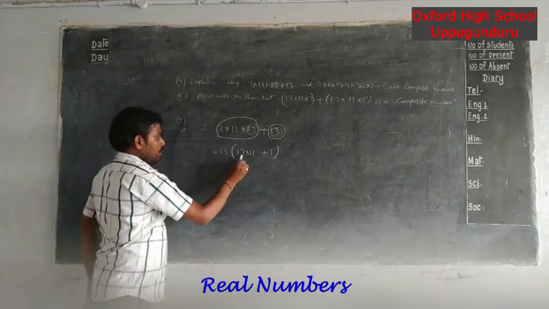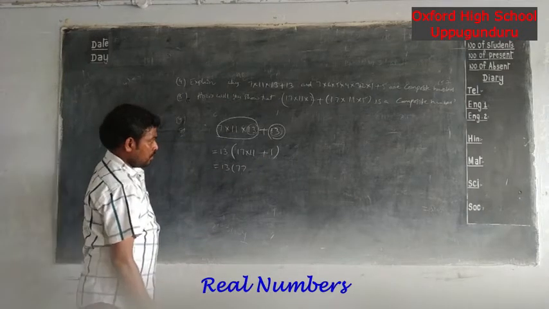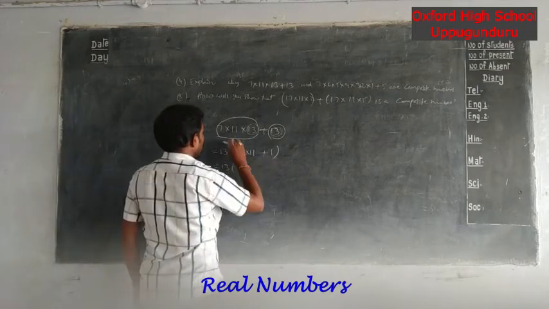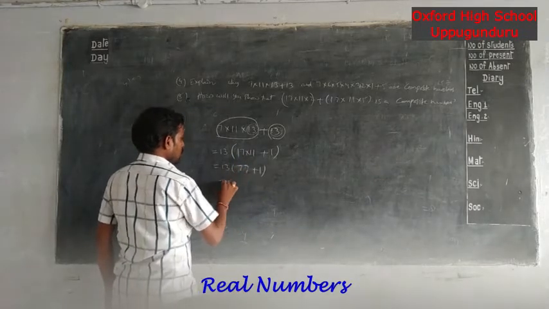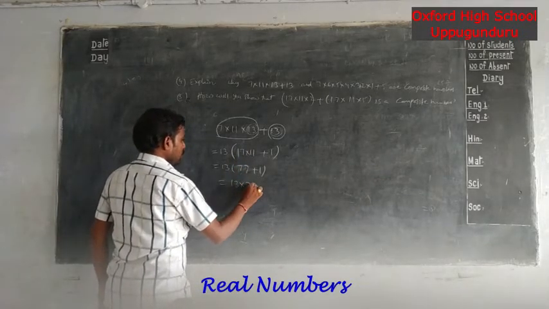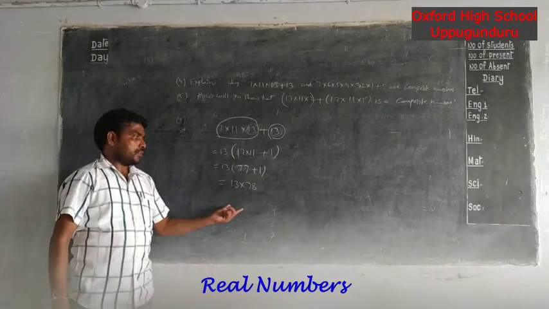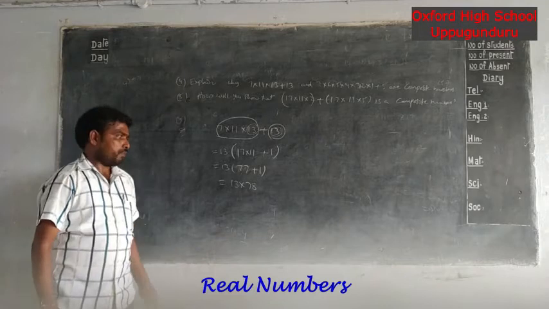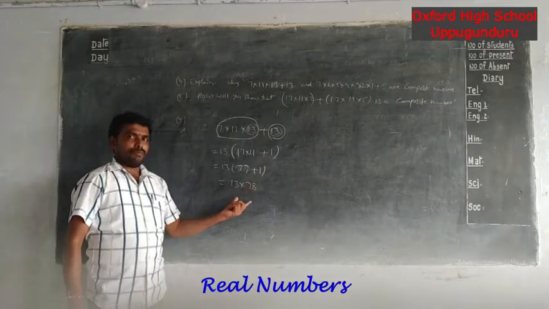What is 7 into 11? 77. 77 plus 1, so 13 into 78. So without multiplying this also, we can say it is a composite number. Why? Because when you multiply these two, what is the value we are getting?